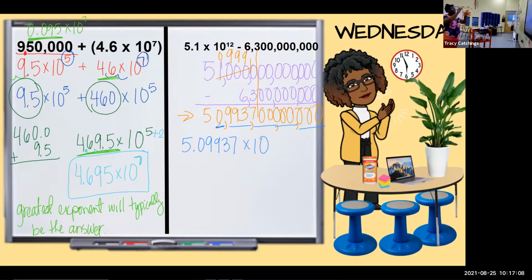Did I count wrong? 3, 6... 13. Did I count wrong? Yeah, you kind of counted wrong with the 5.1. That's 13 numbers. Yeah, that's 13. It's supposed to be 5,100,000,000,000.